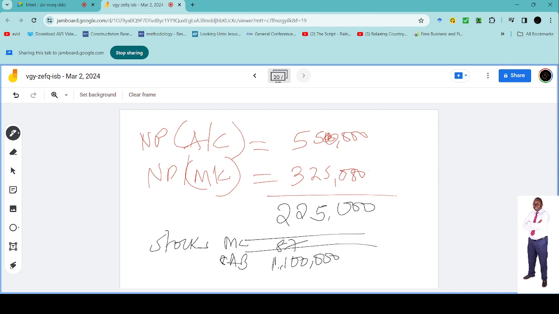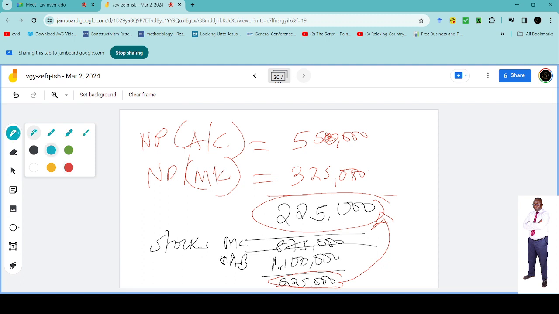The other one is 875. When you do the difference, 1.1 million minus 875,000, you also end up with 225,000. So you have the same figures there. So the difference in profit between absorption costing and marginal costing is caused by the way we have valued our stock.